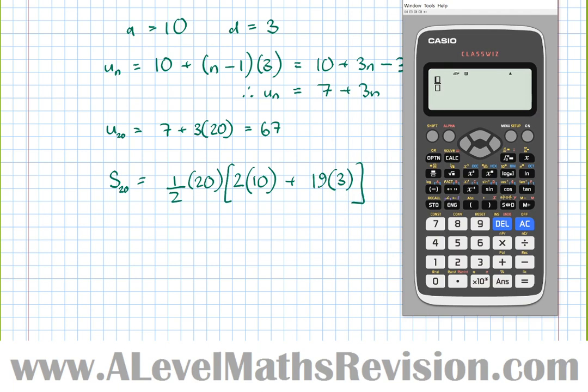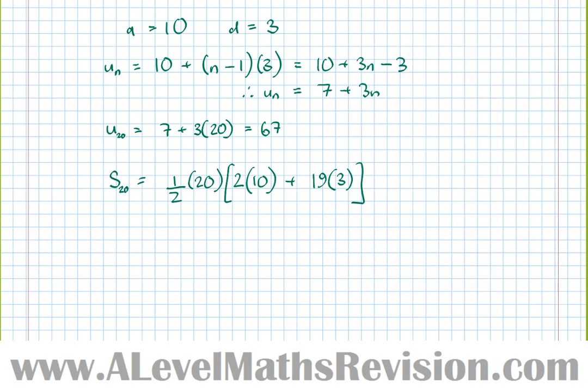So a half n, (2a plus (n minus 1)d) equals 770.